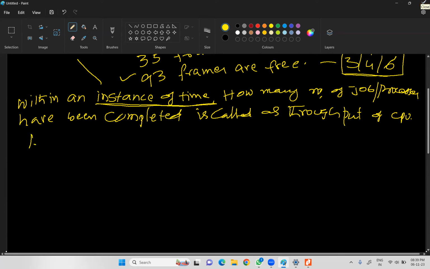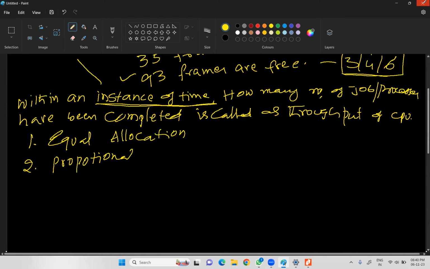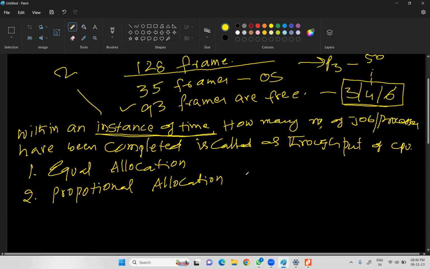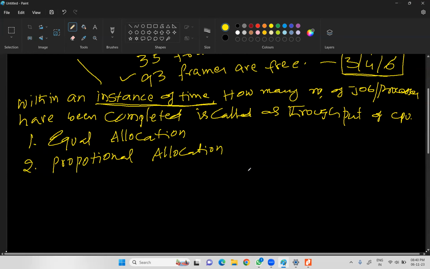Number one is equal allocation. Number two is proportional allocation. So as the name suggests, for example, n number of processes are there.